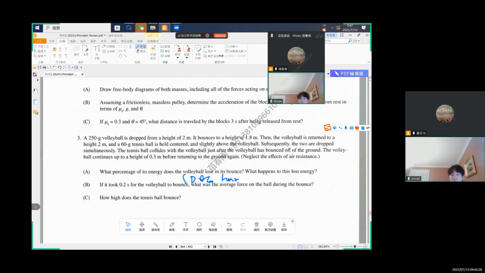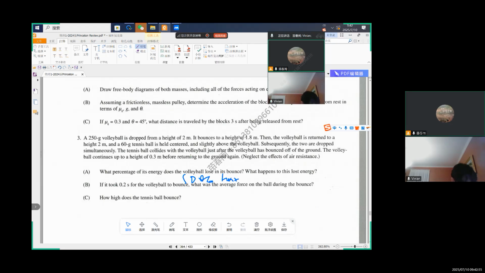What's the average force on the ball during the bounce? 0.2 seconds, the ball bounce. It's like impulse, right?